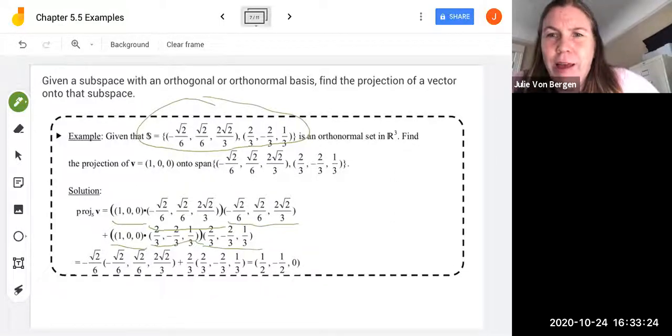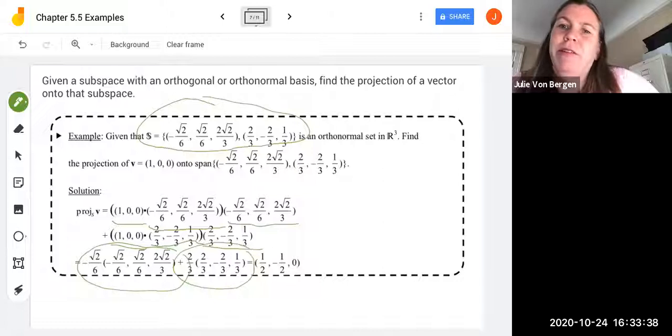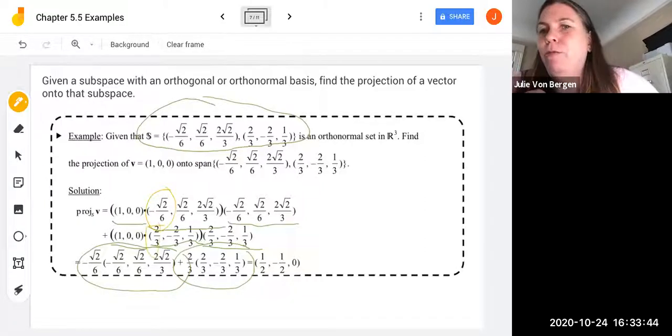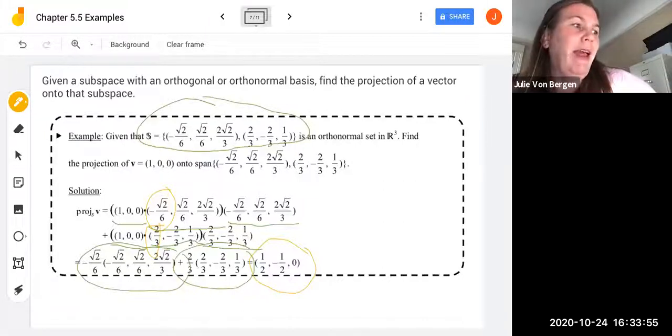And so that works out to negative root 2 over 6 from the dot product with the first vector, multiplied through by the first vector, plus 2/3 from the dot product of 1, 0, 0 with the second vector. So notice in all of these, we're just pulling out the first elements because we're dotting with 1, 0, 0. And so when we combine everything, we end up here with 1/2, negative 1/2, and 0. Okay, in the next video, we are going to look at the cross product.